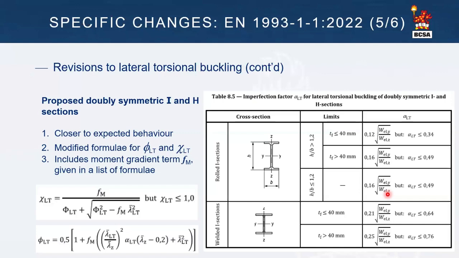For example, for the first case, alpha LT is given by 0.12 multiplied by the square root of the ratio between the elastic moduli of the section, with a limit of 0.34, which is the value we currently have.